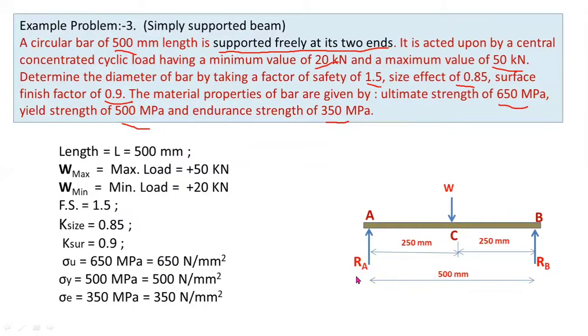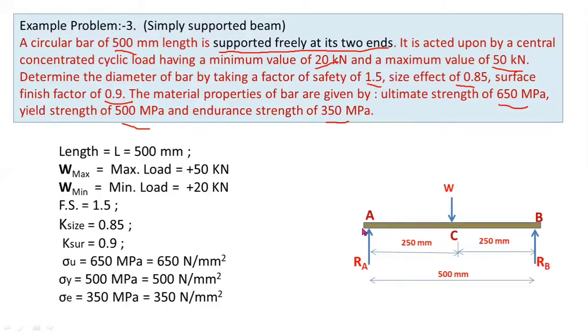The value of RA and RB is equal to half of the load, W by 2. Now you can observe here bending moment at A and bending moment at B, both are 0. At supports bending moment is 0. For simply supported beams, bending moment at supports are 0.